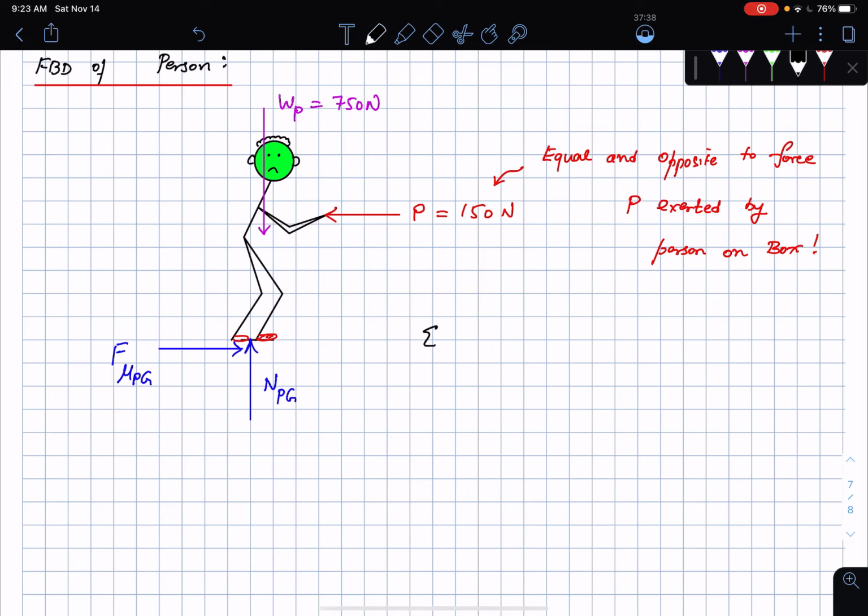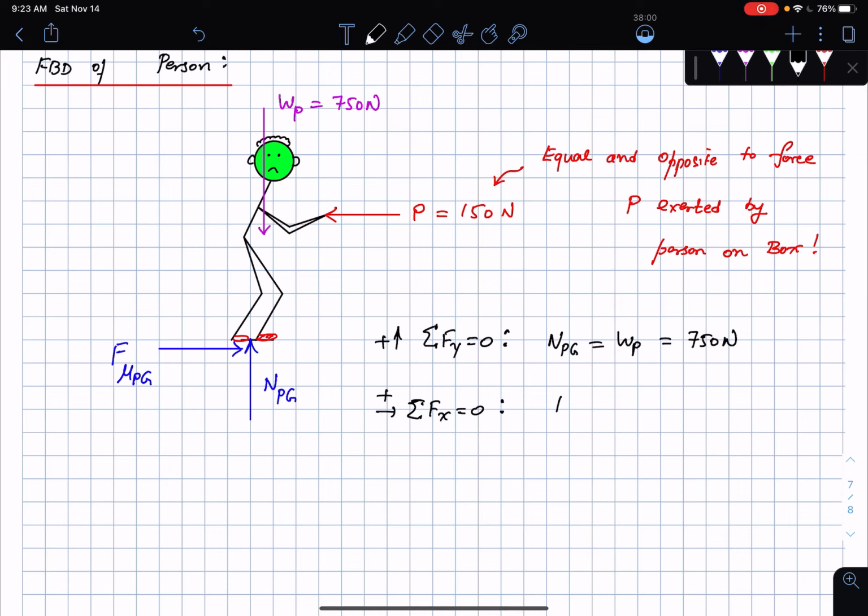If I sum forces in the y direction and set that equal to 0, NPG is equal to WP, which is 750 newtons. And I can sum forces in the horizontal direction. Sum of forces in the x direction is equal to 0.